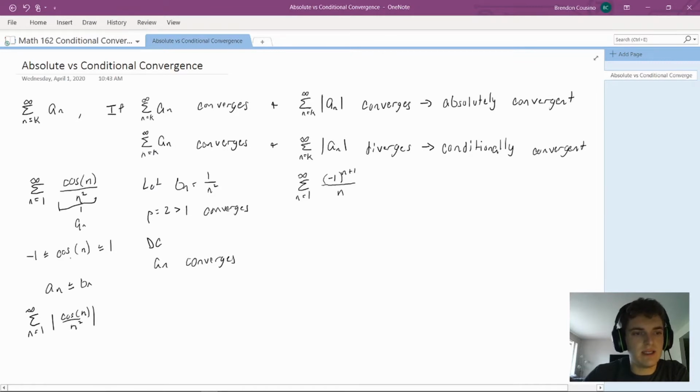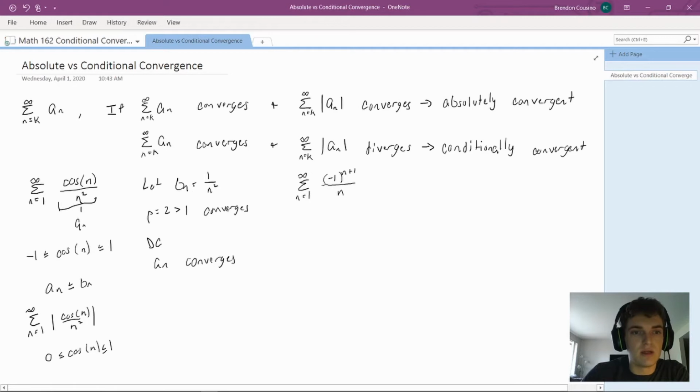Since n squared is always positive, the only thing that changes is our numerator. Instead of ranging from -1 to 1, our cosine is now ranging from 0 to 1. That's what the absolute value does to our series.